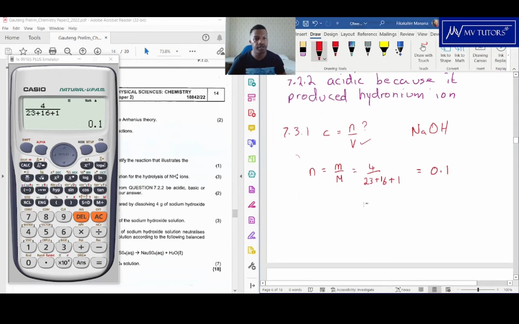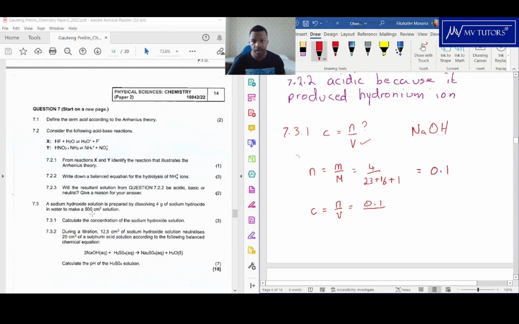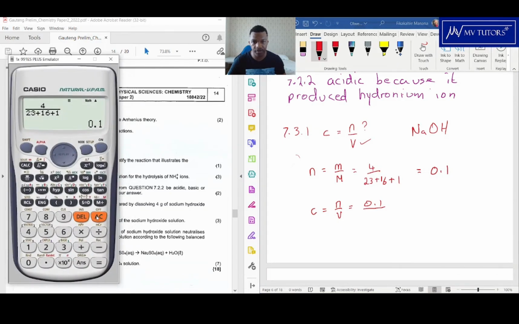We got that covered. So we can go back now to the formula for concentration, which is n over V. So it's 0.1 divided by, let's go back and check our V. Our V was 500, so 500 divided by 1000. We always have to divide by 1000 if it's centimeter cubed to decimeter cubed. So we get 0.5.